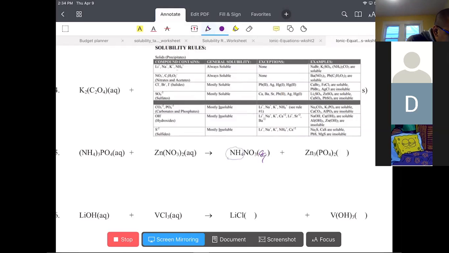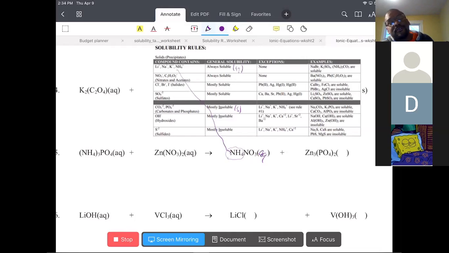As you can see, Danny, the NH4 shows up in the first column, and it says that it's always soluble. If something is soluble, that means it's going to be AQ. If something is insoluble, then it's going to be a solid. And then we have to look for the exceptions. There are no exceptions, so this one is going to be AQ.